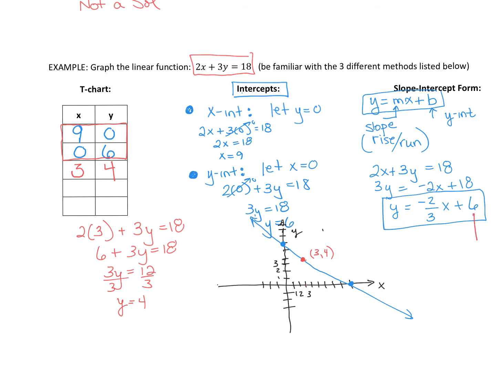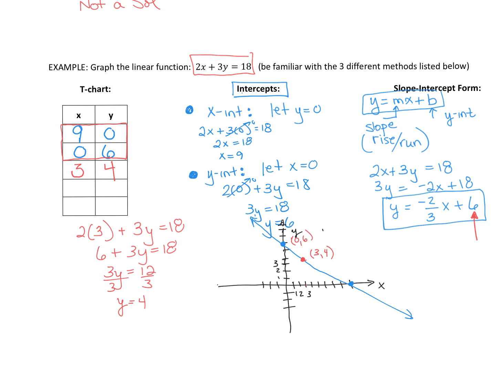And notice that our y-intercept is 6, but we already knew that, 0, 6. And if I start at my y-intercept and I go down 2 and over 3, I will land back on the line. So again, this is 0, 6.